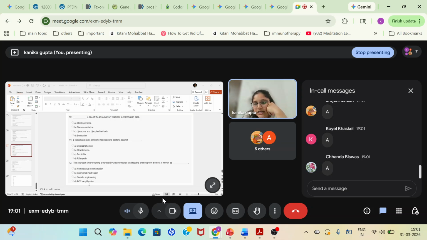Next question. Beta lactamase gives antibiotic resistance to bacteria against what? Beta lactamase. It is ampicillin. We have seen the table, right?